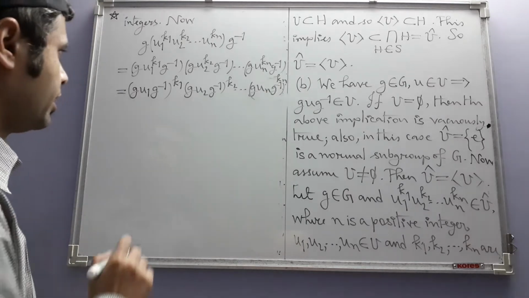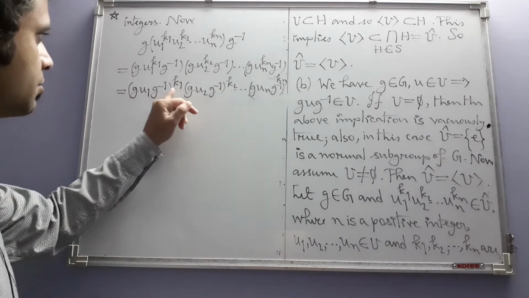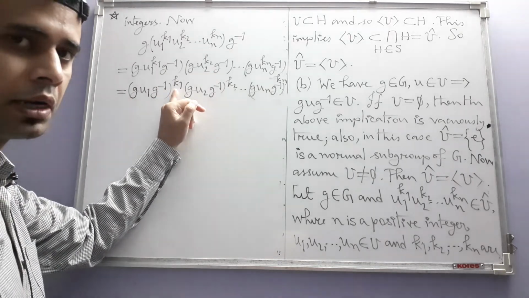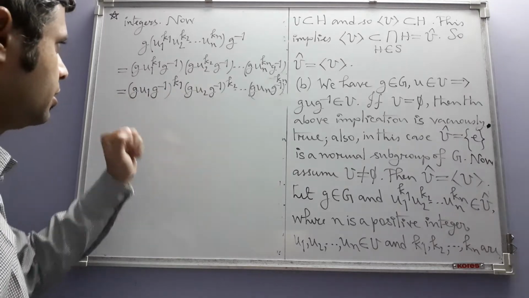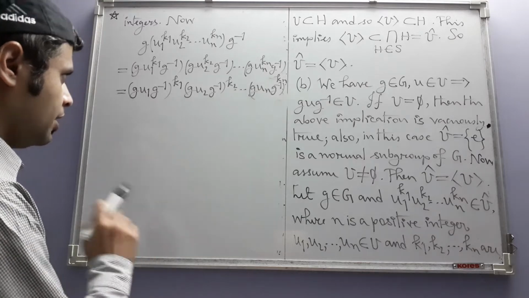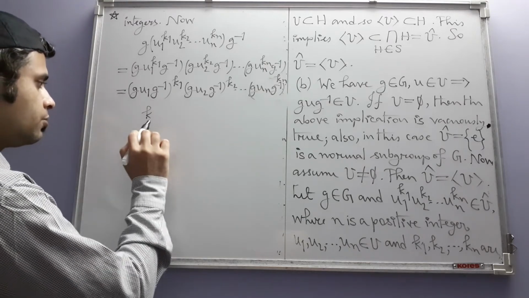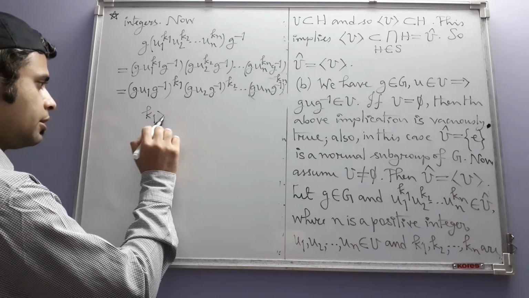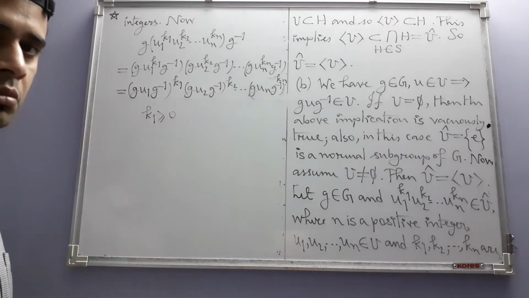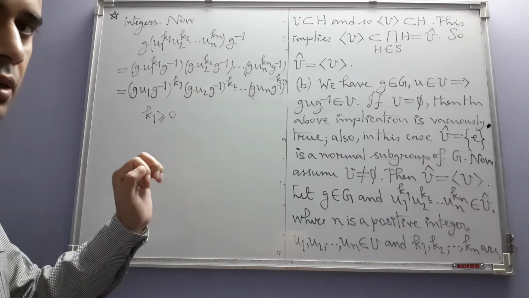Okay, you prove that this is equal to this irrespective of the integer k1. k1 can be any integer and this will still be true. The way to prove this, of course, is this. You prove it when k1 is greater than or equal to 0 by induction on k1, which is not very difficult.